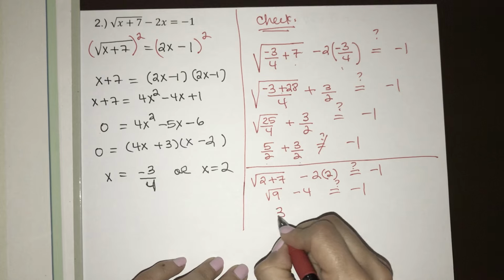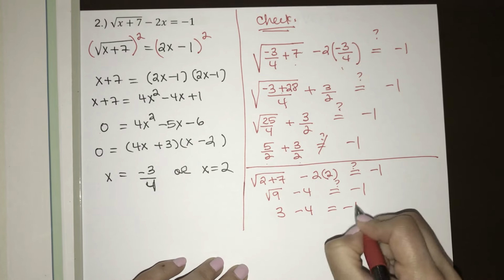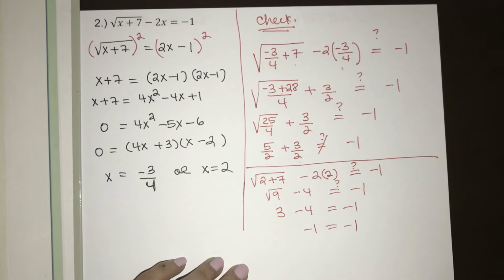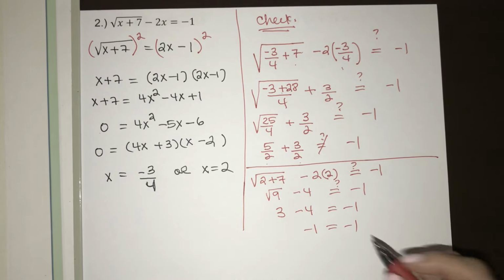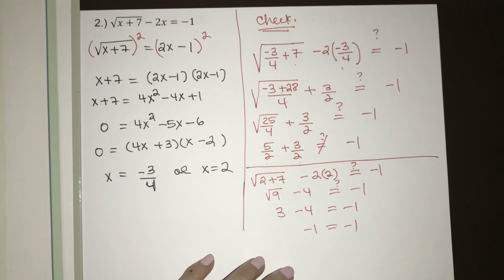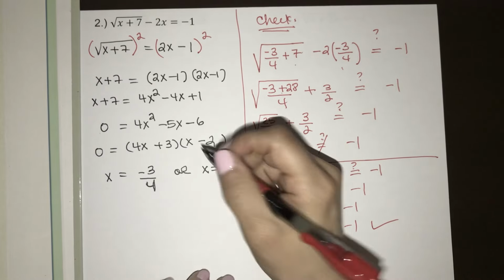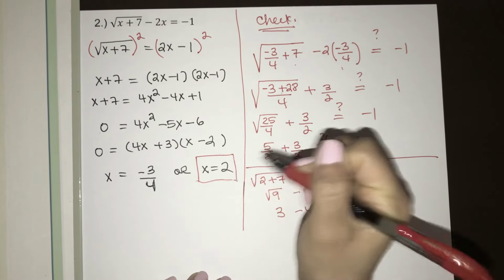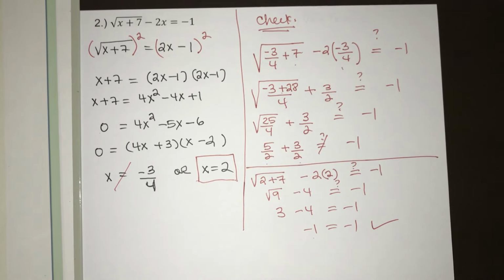That's going to be 3 minus 4. So negative 1 is equal to negative 1. So in this case, when I substitute 2 and check, I do get that the left and right sides are equal. So this does work. So I only actually box one answer. Okay, we just box 2. We do not box negative 3 over 4 because that does not work.